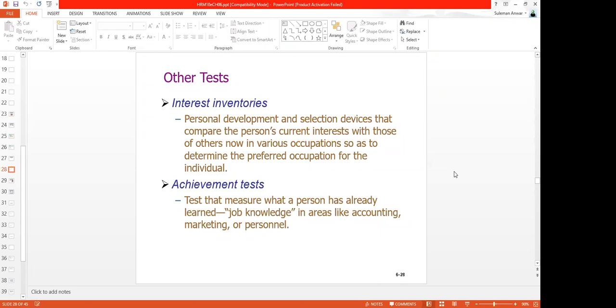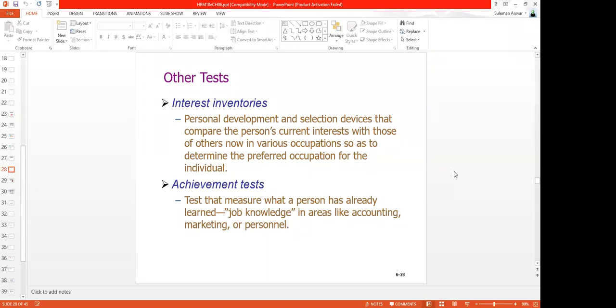They are personal development and selection devices that compare the person's current interests with those of others now in various occupations so as to determine the preferred occupation for the individual.